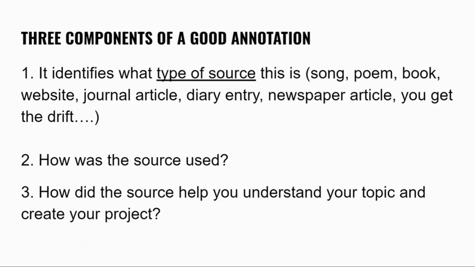Or you could say something like, this was a picture that we used on our exhibit board to help set some of the background information about our topic. So again, 1 to 2 sentences for each of your sources. Those 3 components then make up a good annotation.